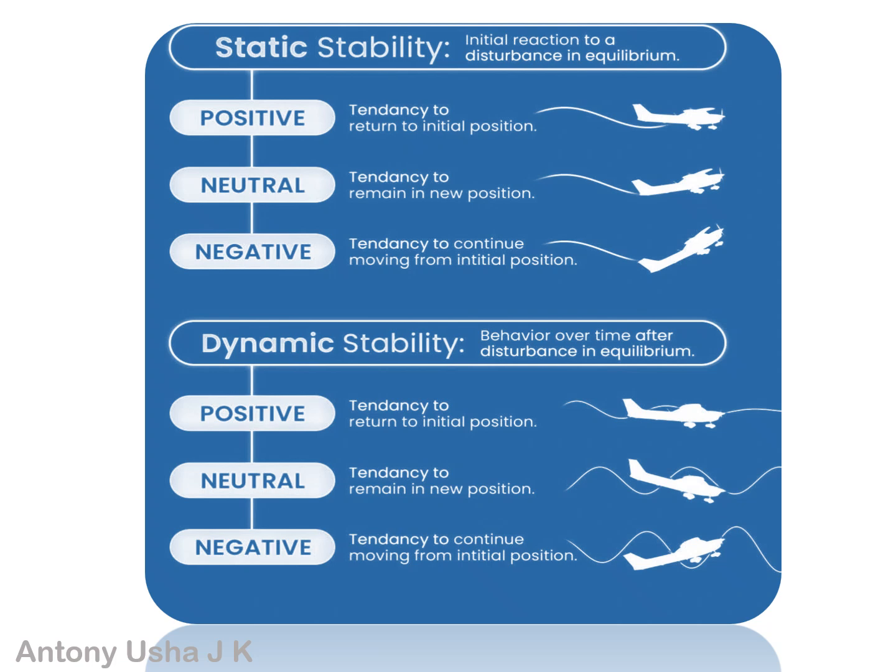The positive is the tendency to return to its initial position, neutral is to remain in the new position, and the negative is the tendency to continue moving from the initial position. In dynamic, the case is somewhat different, right? Again, tendency to return to its initial position, tendency to remain in the new position, and the negative, tendency to continue moving from the initial position, but it is over time after the disturbance in equilibrium. That is a small difference here.